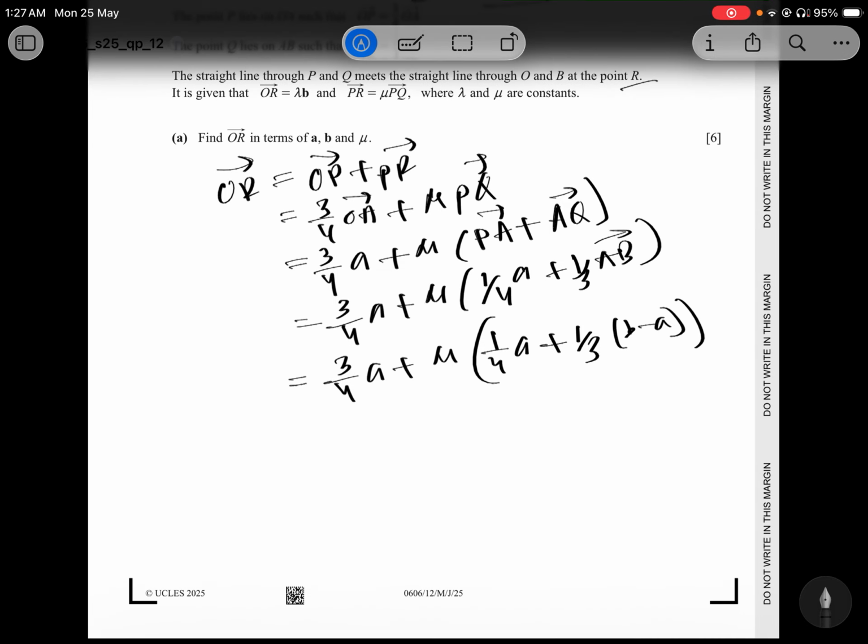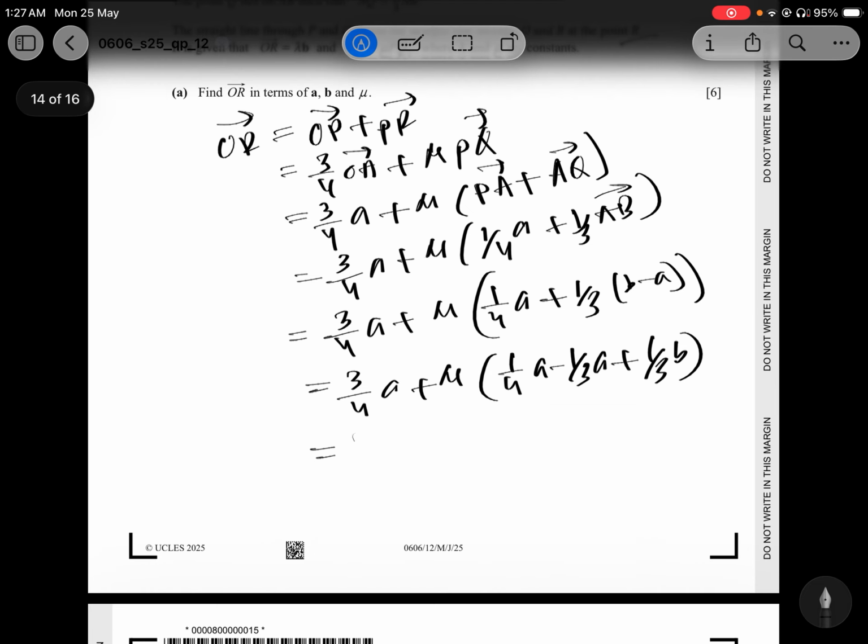Now I have to multiply this all through: 3 by 4 a plus mu times (1 by 4 a minus 1 by 3 a plus 1 by 3 b). 1 by 4 is 0.25 and 1 by 3 is 0.33.